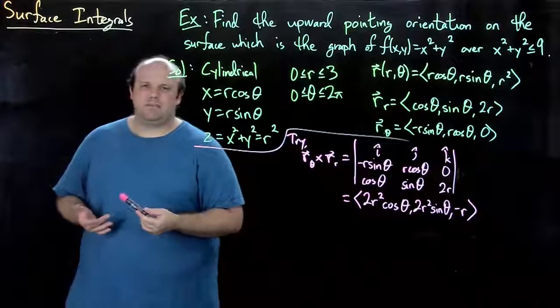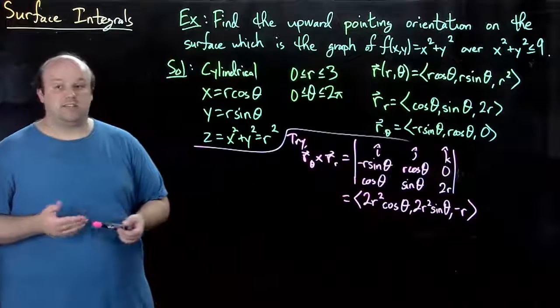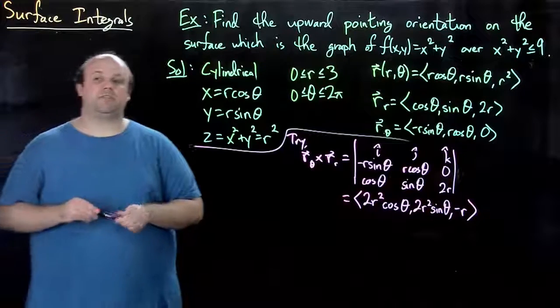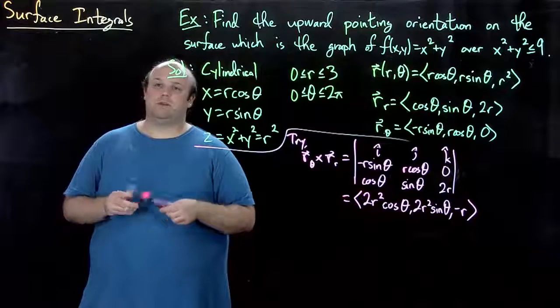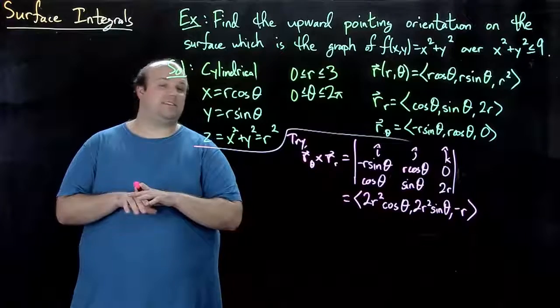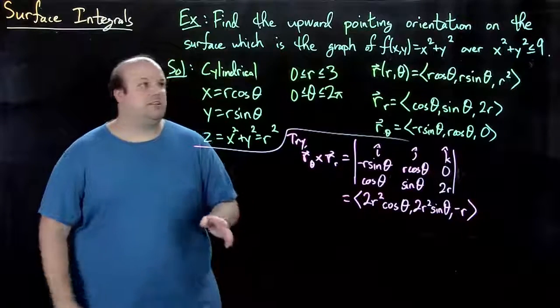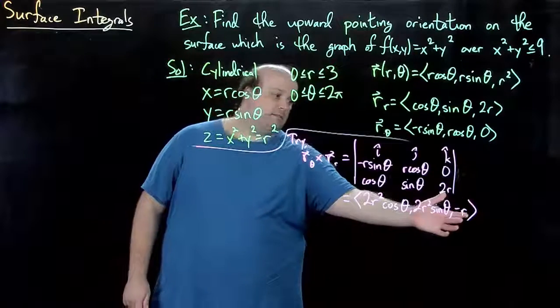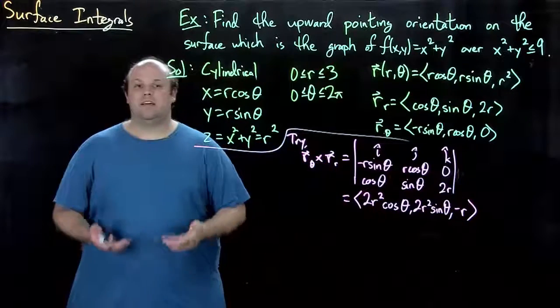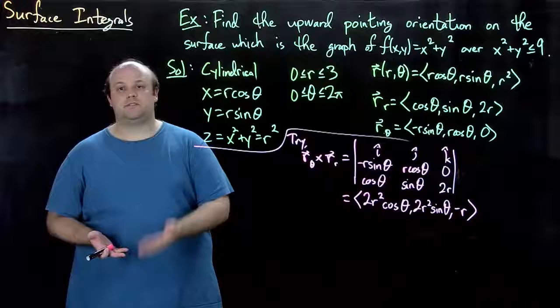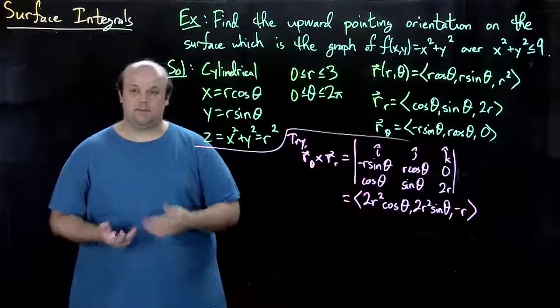But sometimes it might be a little hard to tell if it's the right one that we wanted, especially when we're trying to find, say, the positive orientation on a closed surface. So while here we could be done by observing that the k component's negative, so it's pointing down, which is the opposite of what we want.